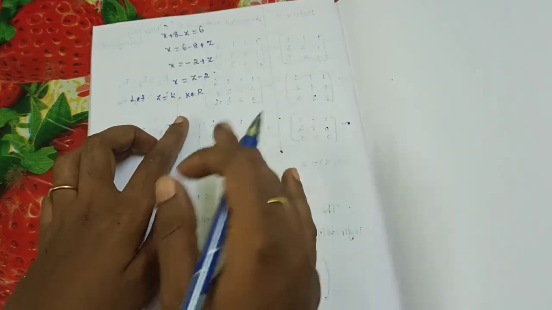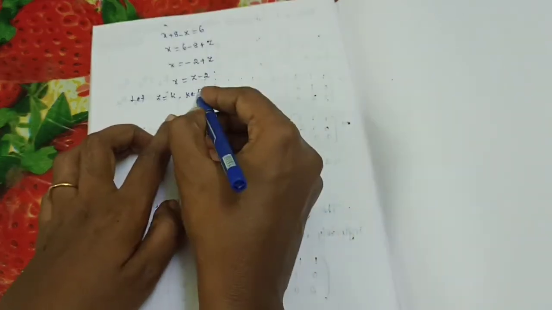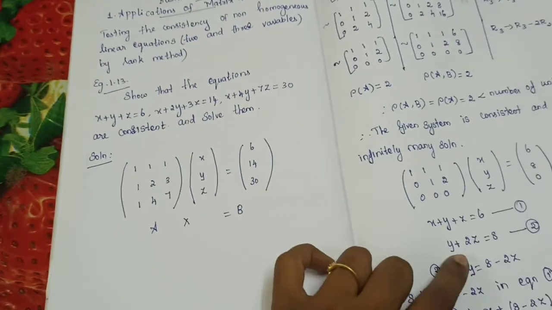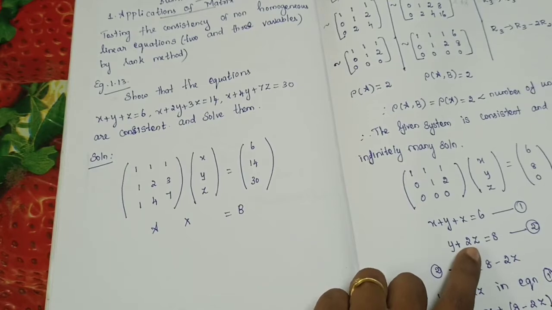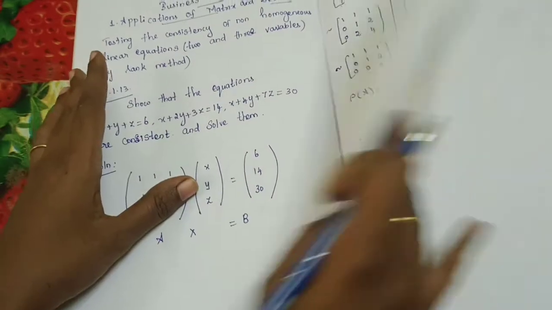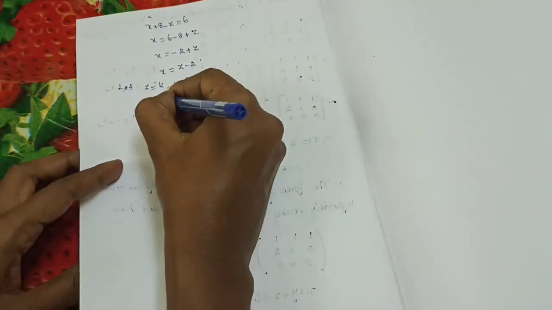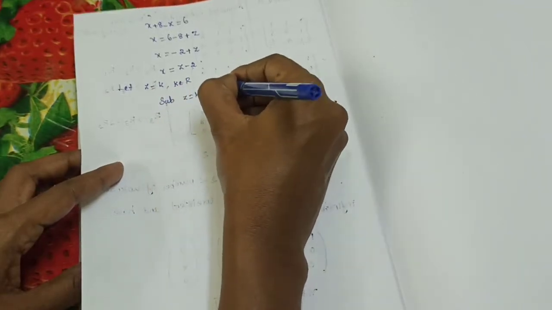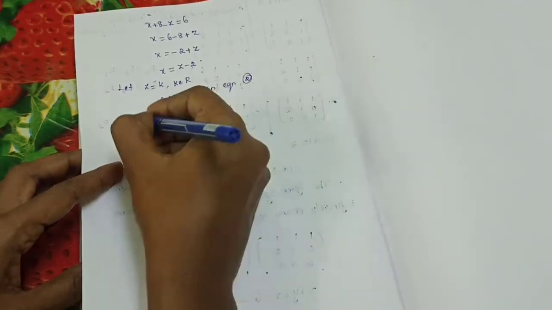Understand? Now what we are going to do is substitute this z is equal to k in equation number 2. So equation 2 implies, what will happen?